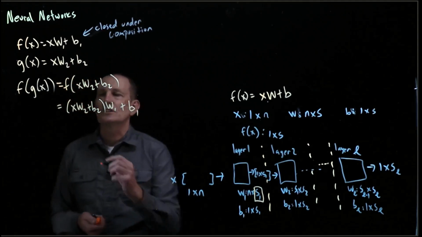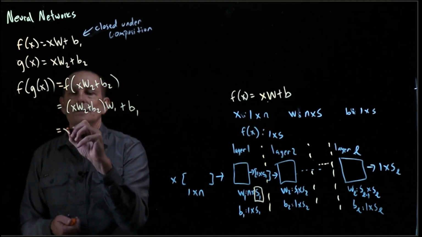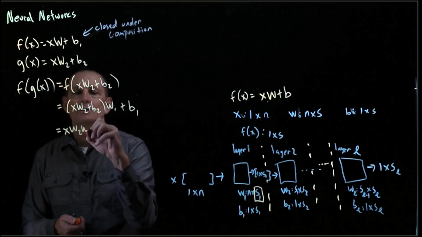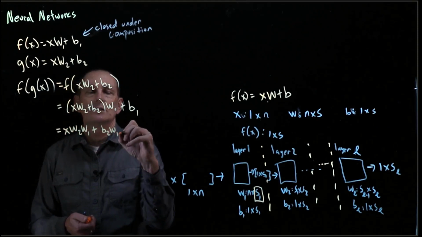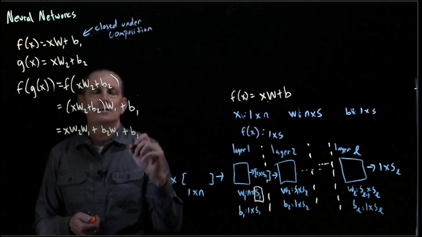Looks okay so far. Let's just multiply this out. So this equals xw2w1 plus b2w1 plus b1.